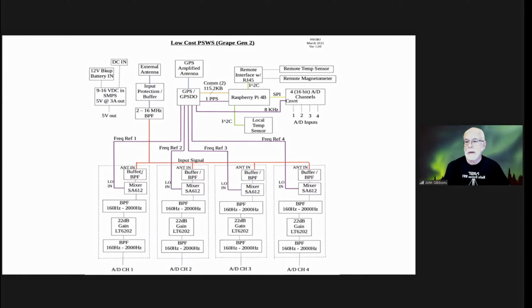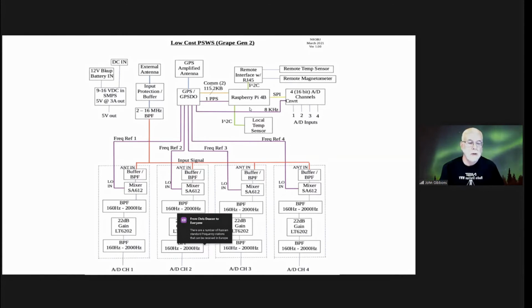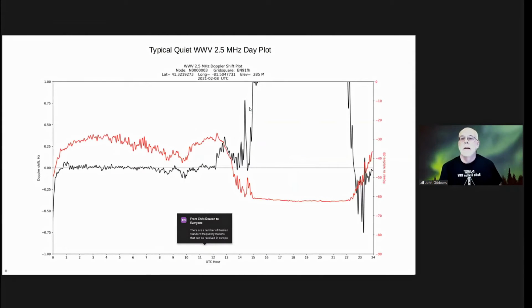It goes to the mixer, creates the 1 kilohertz tone, goes to the ADC channel 1, which comes up here. We sample all those and we suck it into the Raspberry Pi on a once per second epoch data collection. So that's basically the architecture we're moving forward with. It's just basically an expanded version of my test beds of the original Grape 1 design.